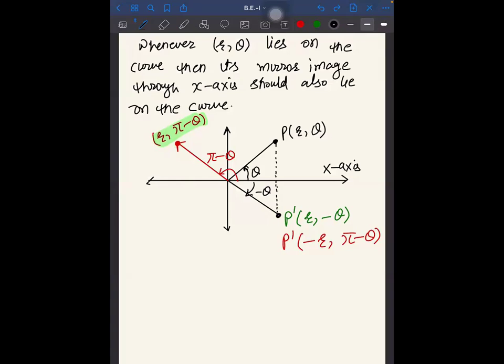One is if you have r, theta over there, then r, minus theta must lie over there. Or you may say that if it is lying over there at P dash, then it is also okay. ठीक है? तो इन दोनों में से P dash की कोई भी फॉर्म अगर पोलर कर्व को सेटिस्फाई कर रही है, so we'll simply say that हमारी जो कर्व है वो सिमेट्रिक होगी about x axis.